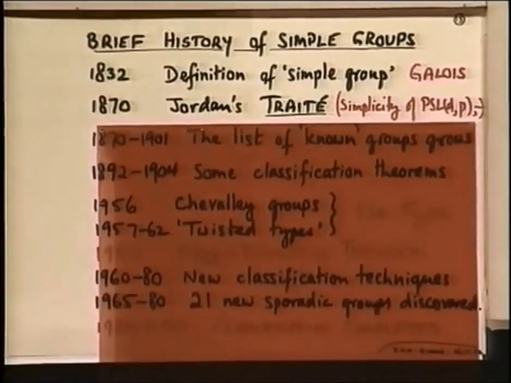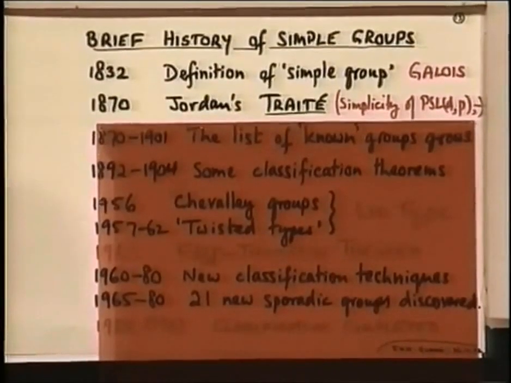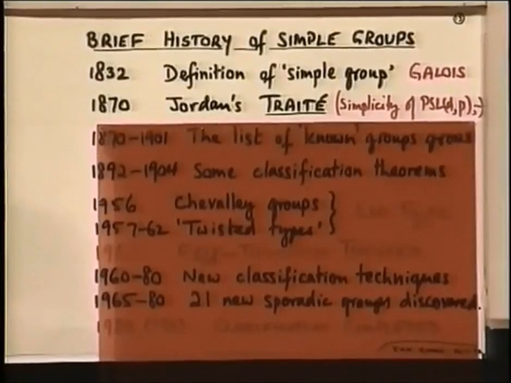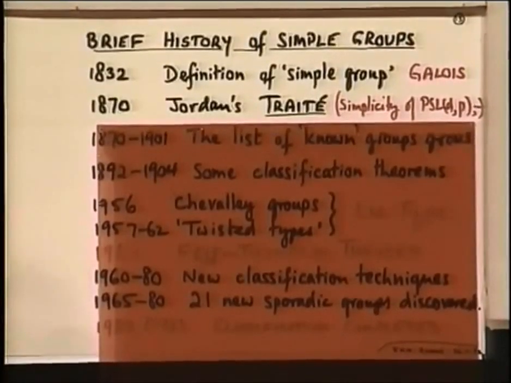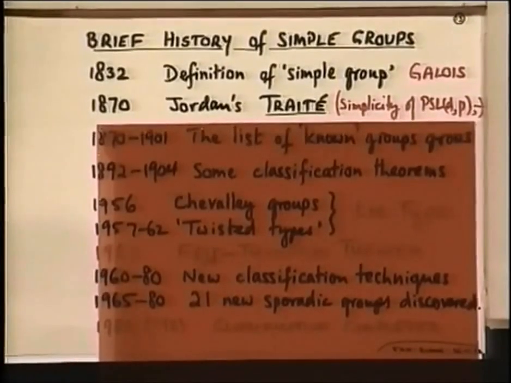Évariste Galois, in a letter that he wrote on the night before he went out to be shot in a duel at the end of May 1832, gave the definition of a simple group. There wasn't really any group theory around at that time. He was way ahead of his time, a lad of 20, shot in a duel.